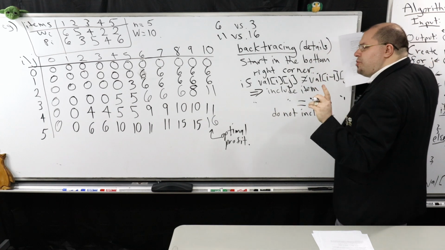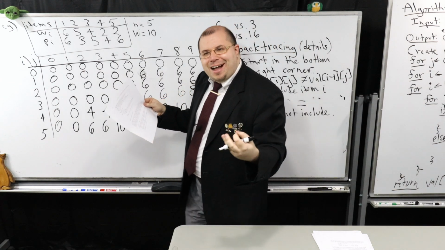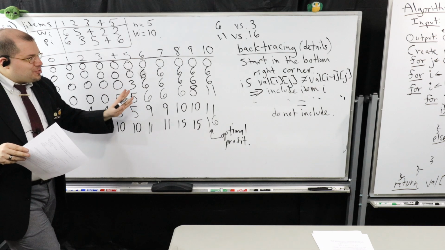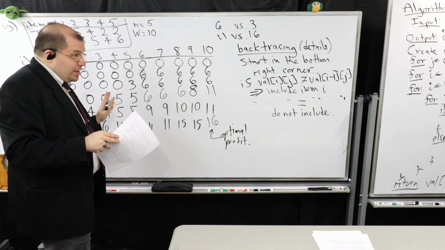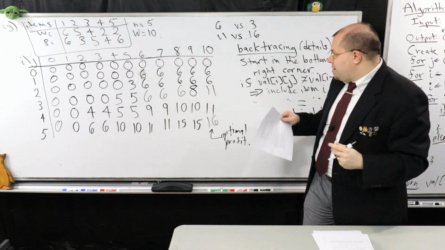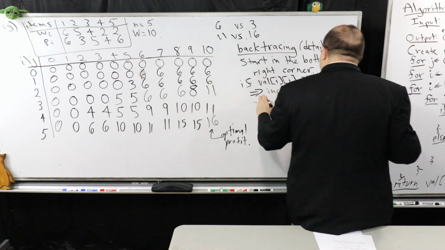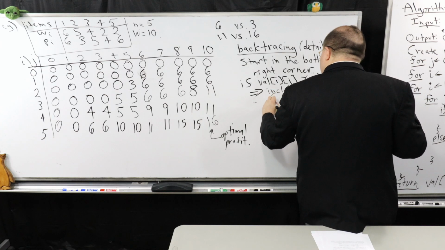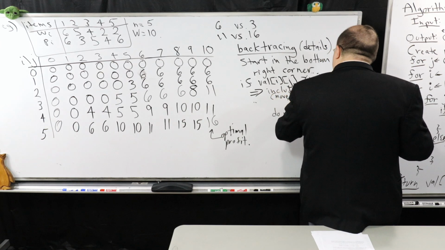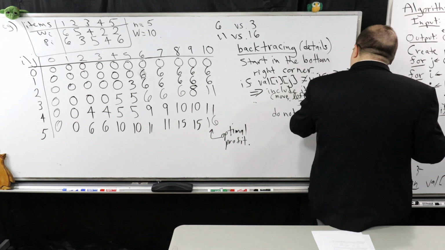But what did I do when I picked the item, right? I always went to the appropriate column by subtracting off the weight of that item, right? That's what we're going to do here. So if we include this, we're going to move left by w_i.